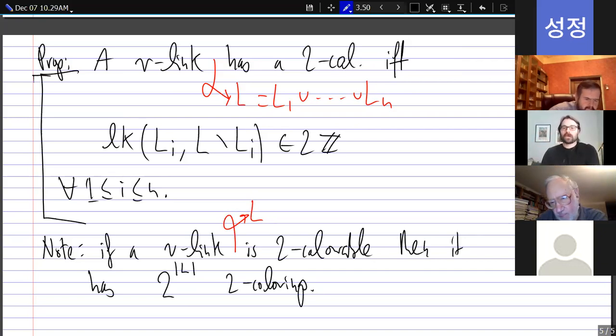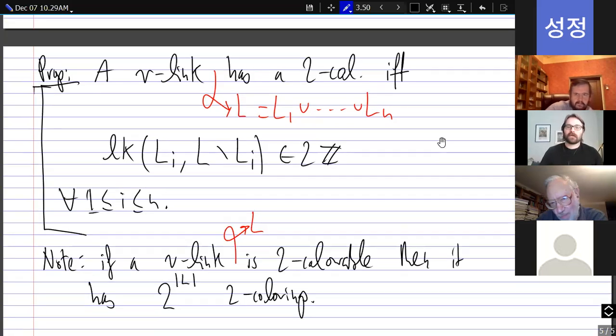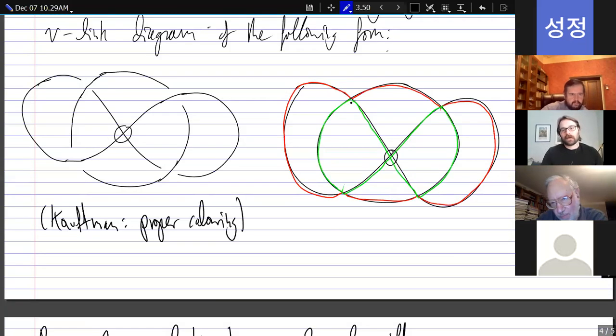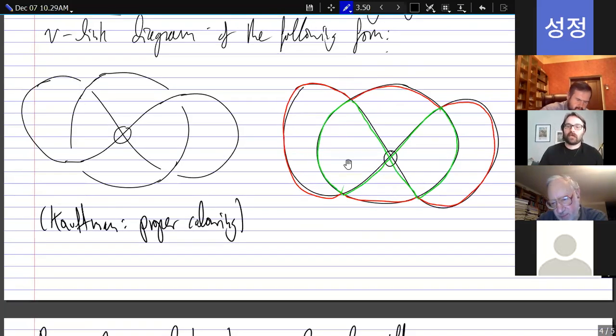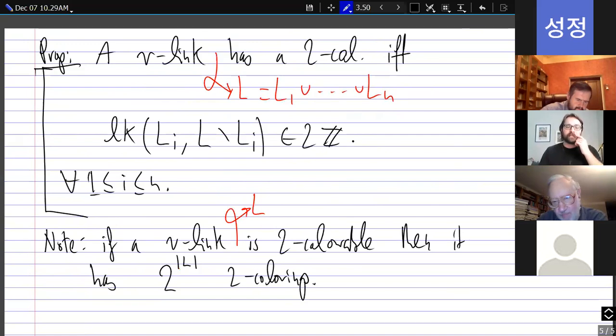So the link we saw above should have 4 two colorings, and they are found from this one simply by holding the coloring constant on the figure 8 component and then shunting red along to green and green along to red on the central one, and so on and so forth. And doing that flip will give me all the colorings I want.